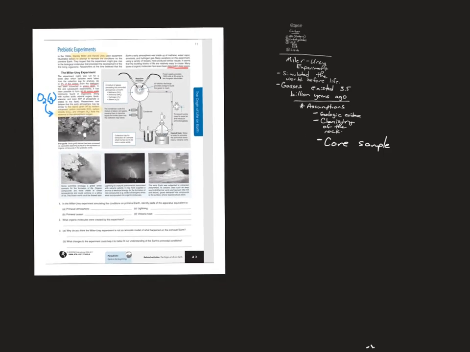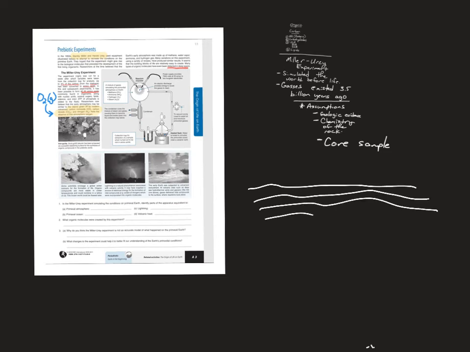Assuming that no earthquake has turned it over, and we can assume that because when we look at the Earth's crust, there are these things called layers. It's kind of how we date rocks and how we date fossils, etc.